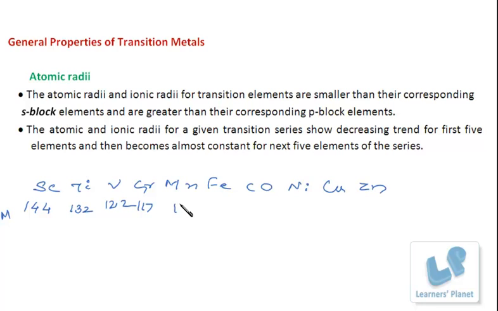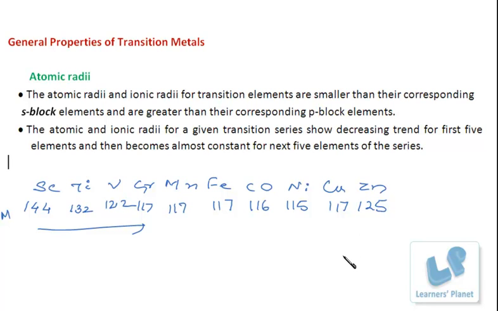Then it becomes constant: manganese is again 117, iron is also 117 picometers, cobalt 116, almost constant, nickel 115, then again 117 and 125. So what is it saying? That the atomic radii decrease and then are almost constant.